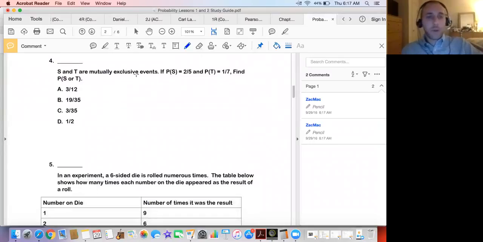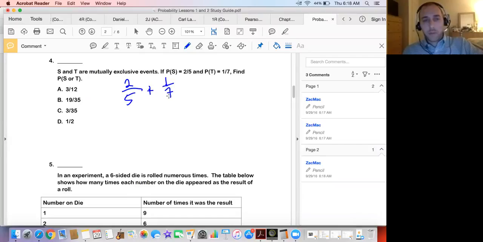S and T are mutually exclusive events. If probability of S equals 2/5 and probability of T equals 1/7, find the probability of S or T. Well, although the symbols and the notation here might seem a little confusing, you know that they're mutually exclusive, so you just take these fractions and add them together. 2/5 plus 1/7. The only hurdle here is that you need to get common denominators before you can add these fractions.